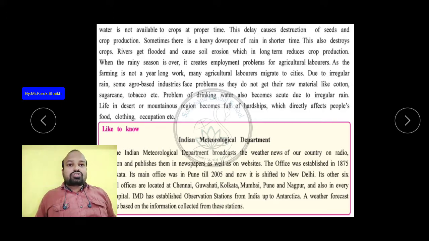That is why they start moving from the village to urban areas. So as farming is not year-long work, many agricultural laborers migrate to cities.